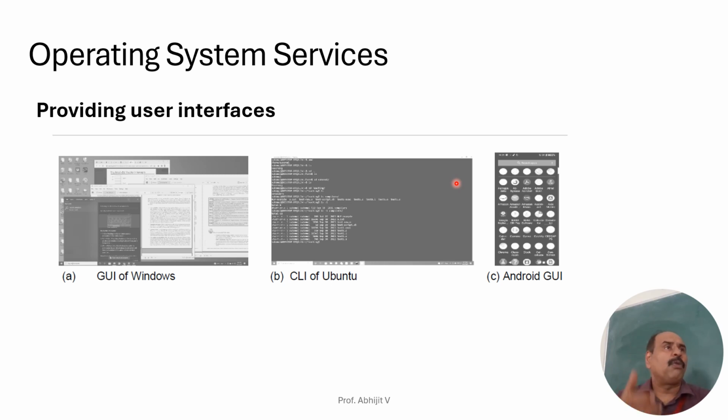When you touch the screen, something opens up. That is a user interface. So among the services offered by operating system, the first one is providing or creating user interfaces.